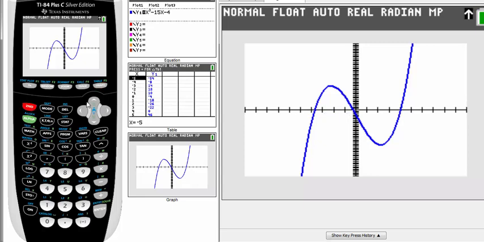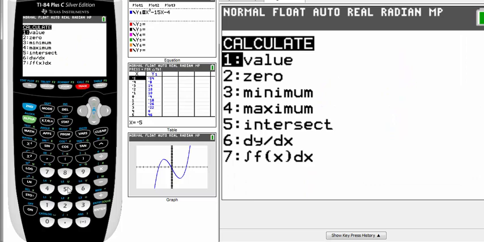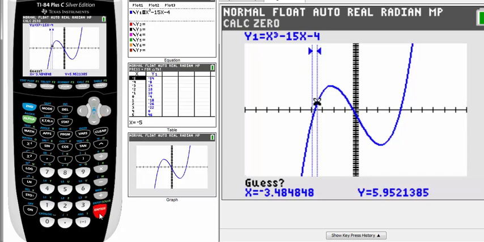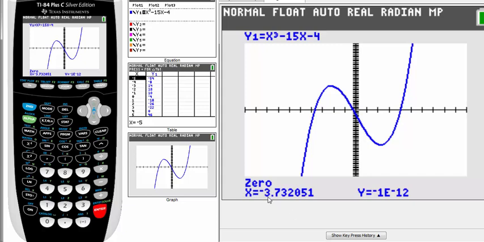Now if I want to find out exactly what they are, I go second calc, choose my zero, and I'm going to do left bound. Let's go clear to the leftmost zero. Right bound, and just hit enter one more time, and here it is, negative 3.732051.